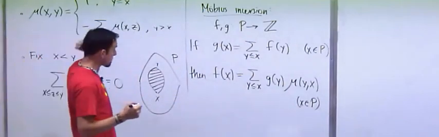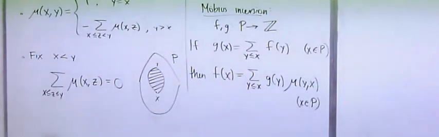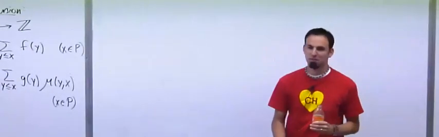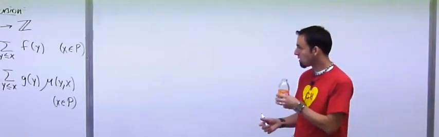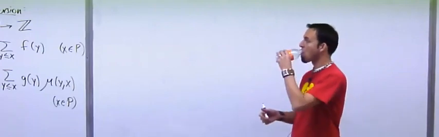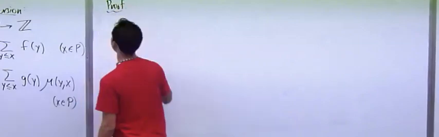And so I want to start by proving the Mobius inversion formula. I stated it last time, and even though it's a little bit difficult to parse, it's an extremely useful formula that people use in number theory. People use it in inclusion-exclusion for counting problems. So now we're going to prove it. So proof.